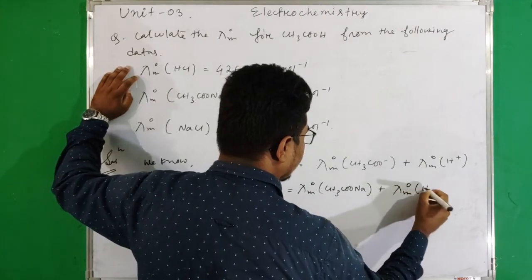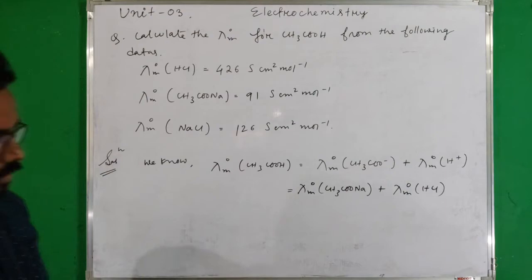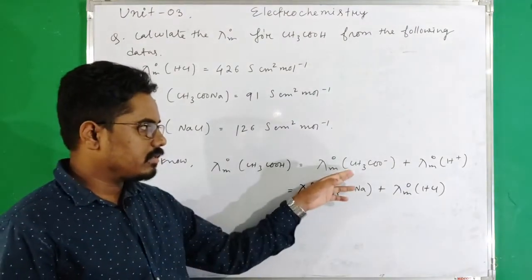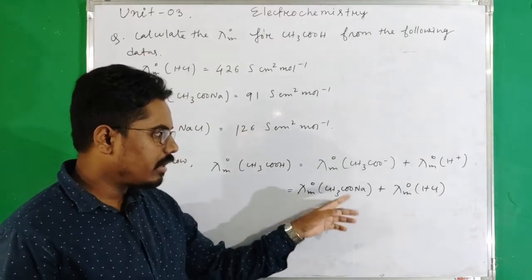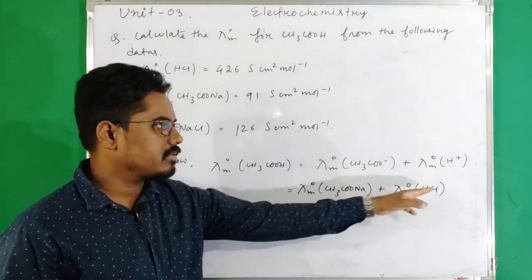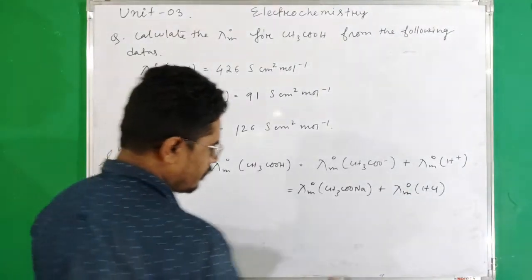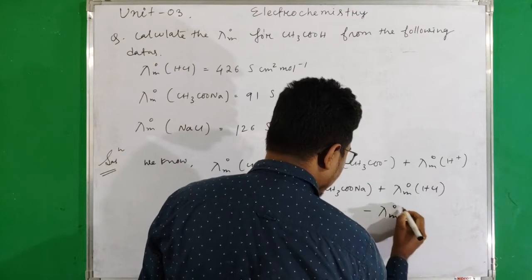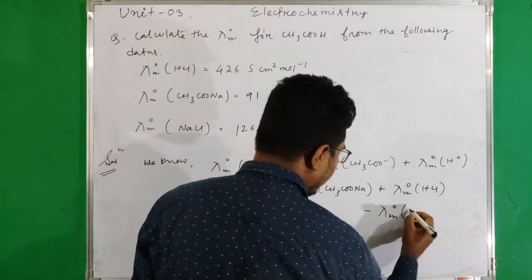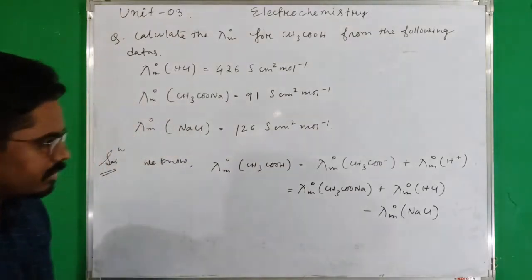But then we get extra Na positive and Cl negative ions, so to get the exact value we subtract the lambda m naught for sodium chloride.